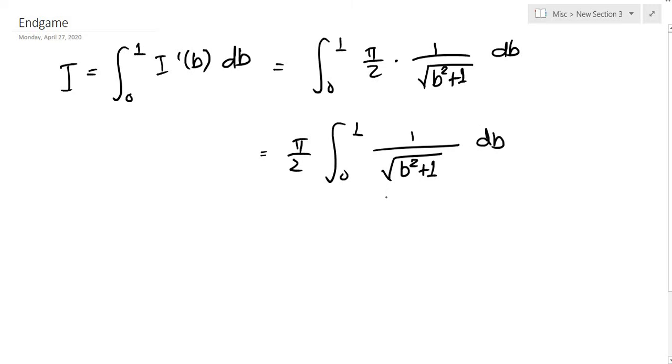Now I would like to go for a trigonometric substitution. You know why? Because we can use this famous identity: 1 plus tan squared theta is nothing but secant squared theta, and we see this because if we let b equal tan theta, we can actually establish this relationship in the denominator. So that's why I would like to go for trigonometric substitution. Plus, when you have these radicals and the square terms inside the radicals, it's best to use trigonometric substitution.